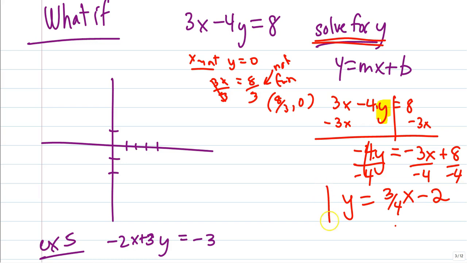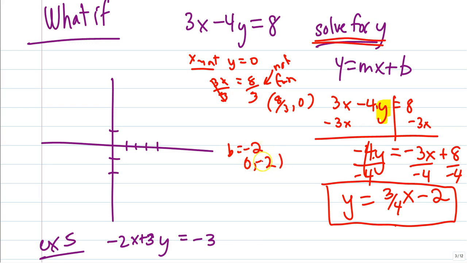Now we graph from this. From y equals mx plus b, we start with b. The b is that point, 0, -2. Notice that is on the y-axis, since it is the y-intercept.